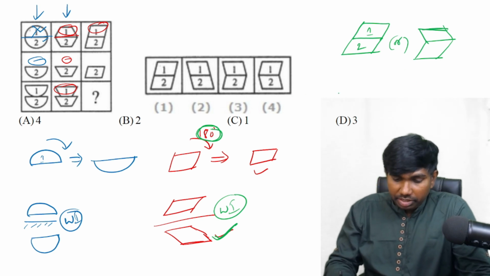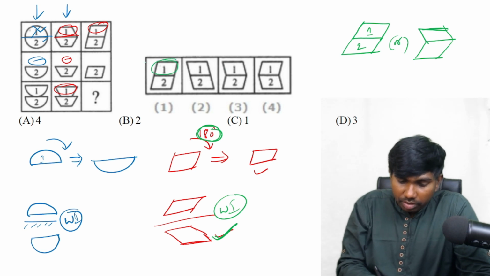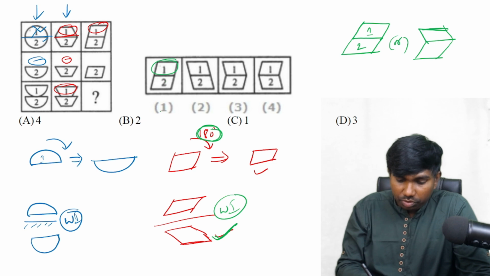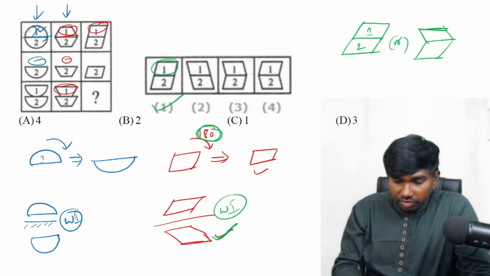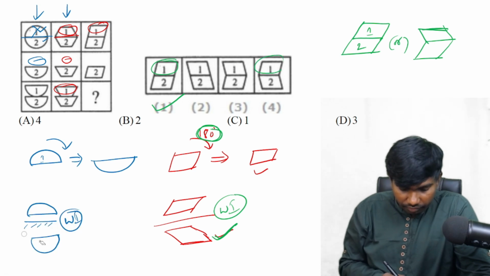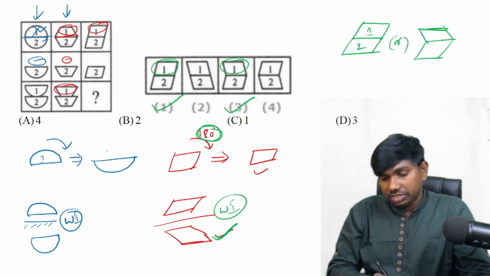Oh, unlucky, here both are available in the options. So figure 1, 180 degrees rotated and then kept on figure 2, means figure 1 can be the answer. Next, taking the water image of figure 1 and keeping it on the top, sorry, not figure 4, figure 3 can also be the answer.